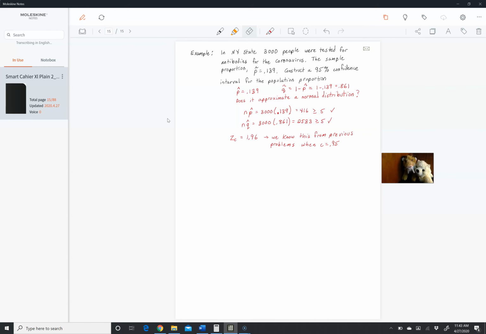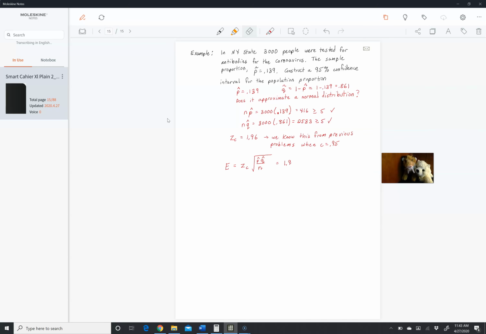Okay. Then we do the margin of error. So our margin of error is z sub c times the square root of p hat q hat over n.